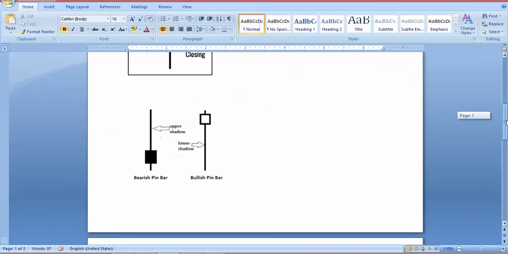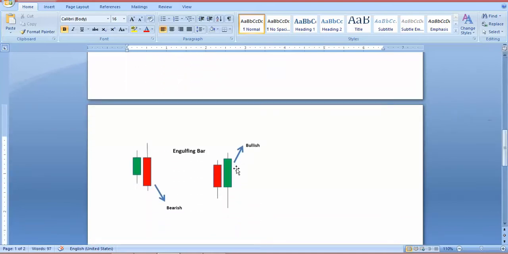Now another candlestick pattern that is really popular is what we call the engulfing bar. Some people call it the railway tracks. Now you can see that there are 2 candles. On most charts, every green candle indicates bullish action and red candle indicates bearish action, or the green candle is for buyers and the red for sellers.